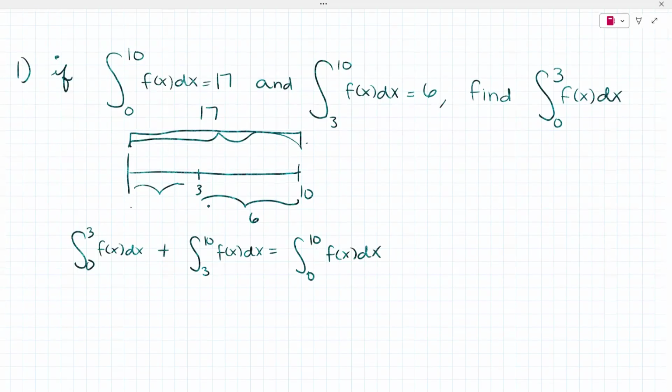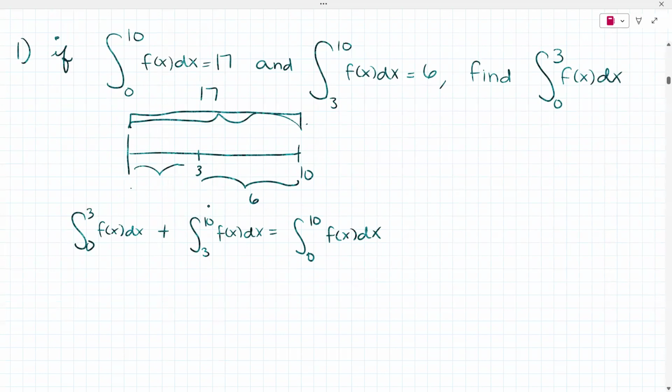Do we know the integration from 0 to 3? No, we don't. Let's just leave it as it is. Do we know the integration from 3 to 10? Yes, it is 6. And do we know the integration from 0 to 10 of f of x dx? Yes, it is 17.